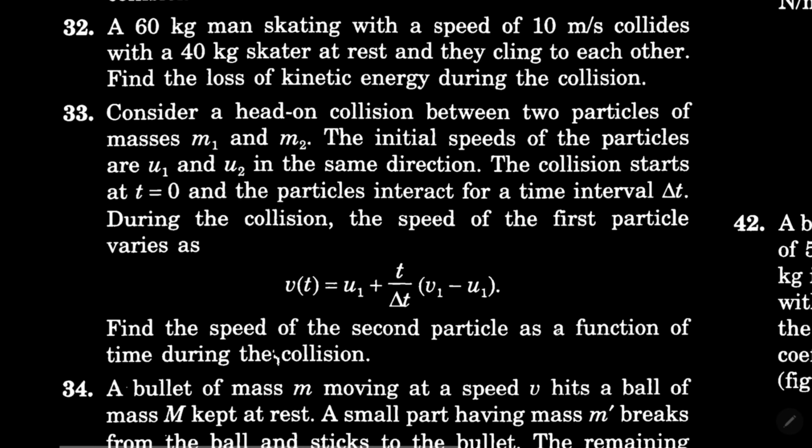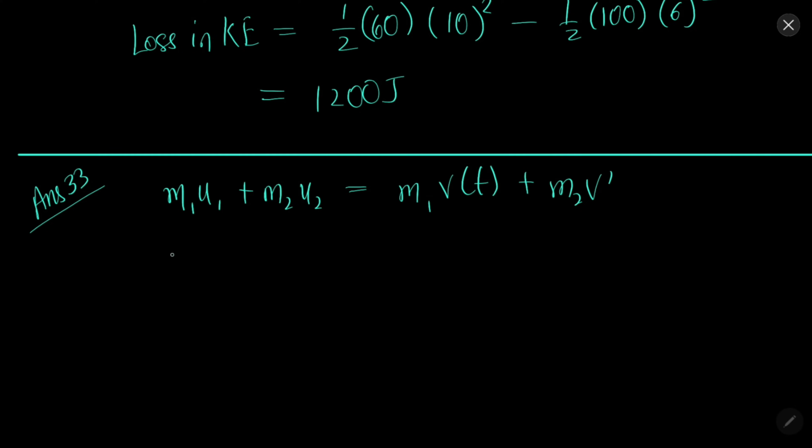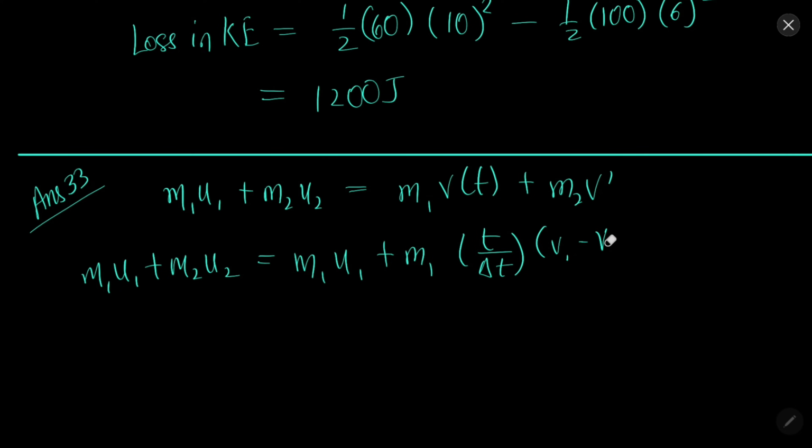In question 33, consider a head-on collision between two particles. Find the speed of the second particle as a function of time during the collision. Solution 33. Again, by the conservation of linear momentum, m1 u1 plus m2 u2 equals m1 v1 plus m2 v dash. So m1 u1 plus m2 u2 equals m1 u1 plus m1 t over delta t into v1 minus u1, plus m2 v dash.